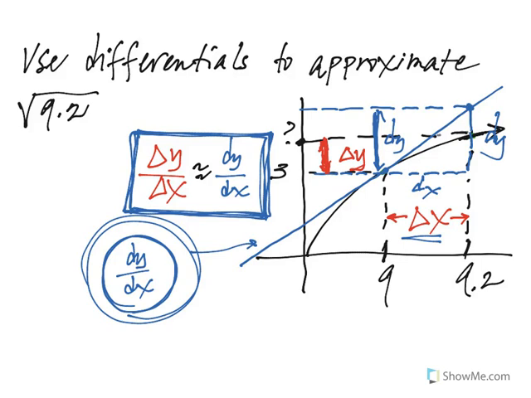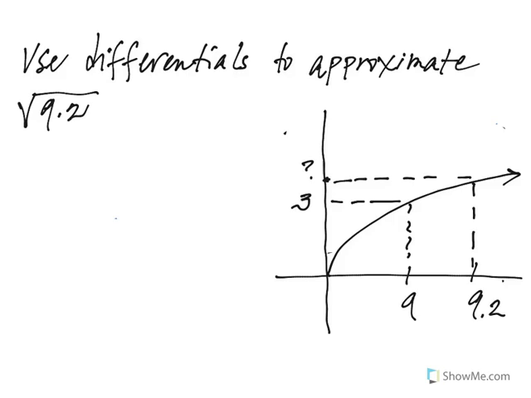All right. Let me clear this up. Let me make some room here and show you then how to use this to work this problem. All right, so now I've redrawn the picture that I had before without all the other stuff making it confusing to look at.